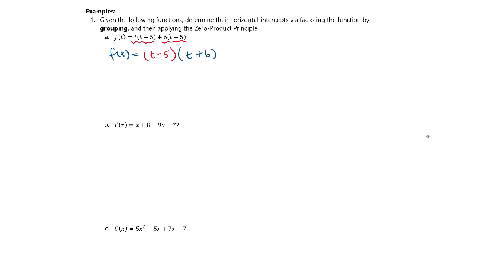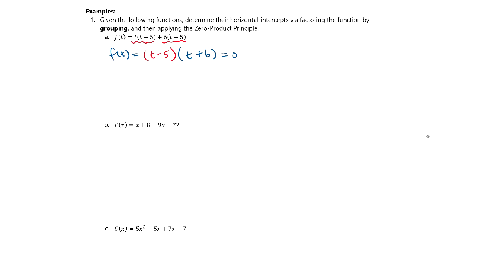So I really have t minus 5 times t plus 6. By doing this, you can see we turned f of t into the factored form. I have a product of two expressions. And from here, I can set this expression equal to 0 in order to find the horizontal intercept through the zero product principle. This process is called factor by grouping.